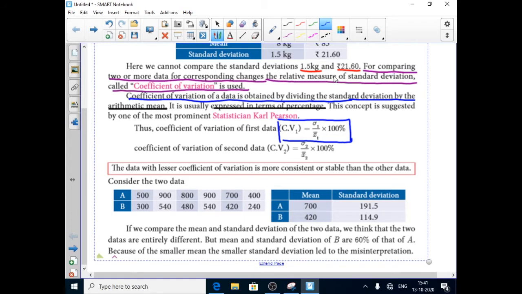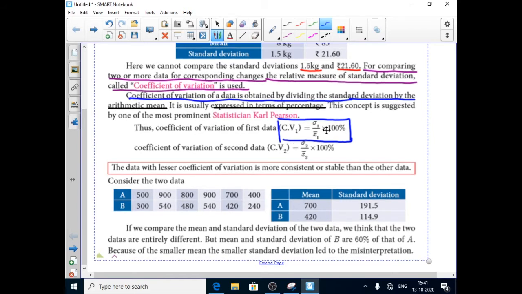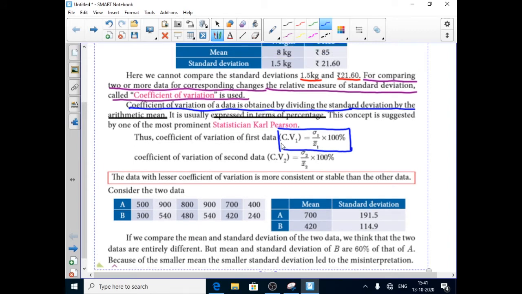The data with the lesser coefficient of variation is more consistent and stable; this concept will be analyzed in the 6th, 7th and 8th sums. So now we are going to do the sums in exercise 8.2.